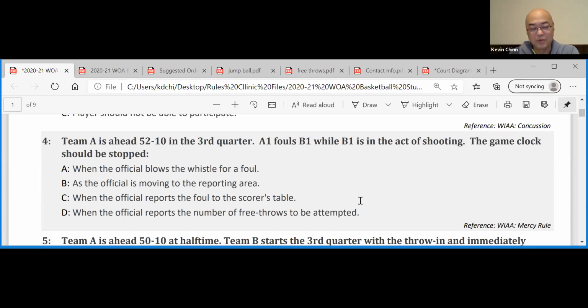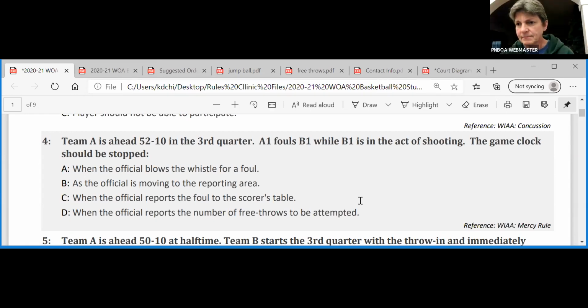So you wouldn't stop the game when you hear the whistle for the foul or when he reports to the scorer's table. The only way you know that we're going to shoot free throws, as the official, is when you actually signal 2 shots. That's when we stop the clock.